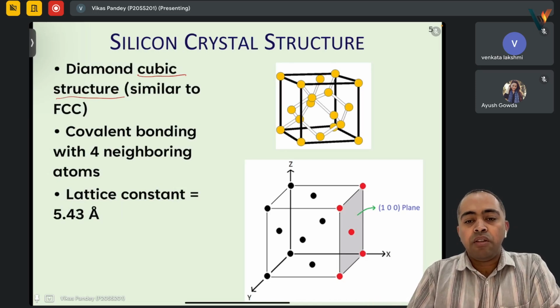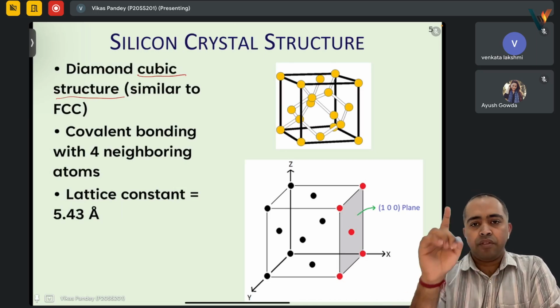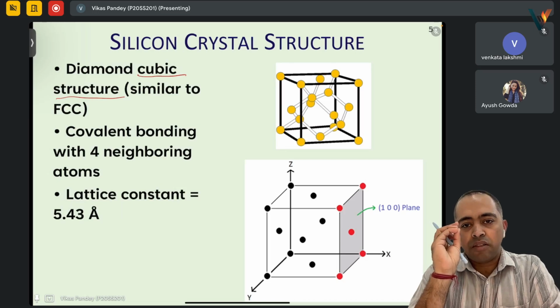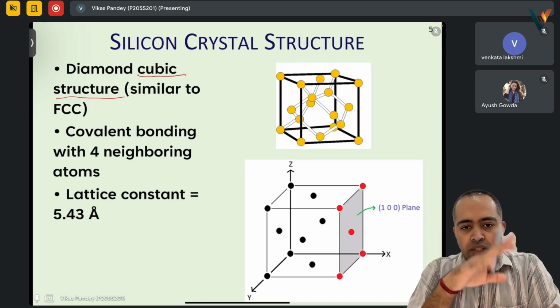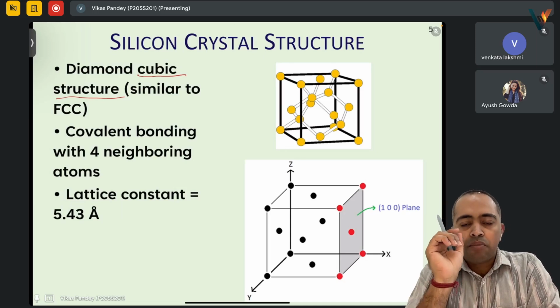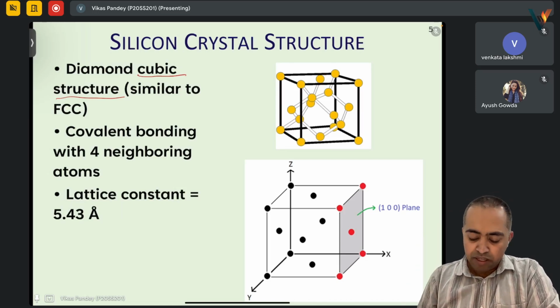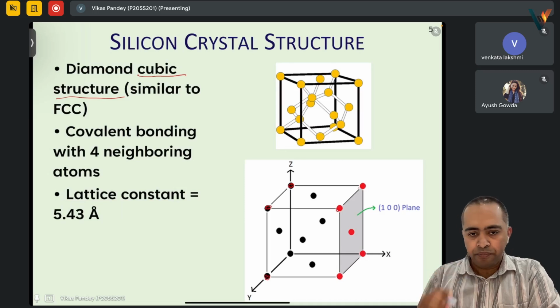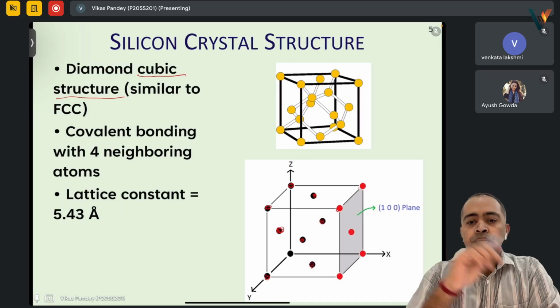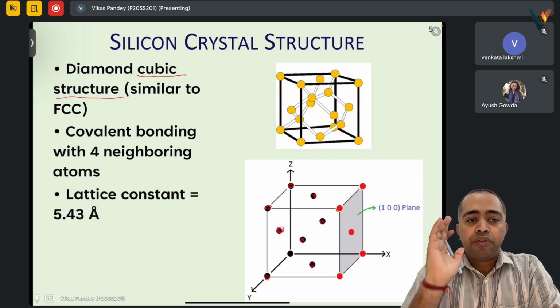If we cut the smallest unit cell, that is the smallest part of the crystal, we will find a structure very similar to a face centered cubic. That means atoms on the corners of the cube with one atom on the face of the cube. As such, it is very similar to face-centered cubic.